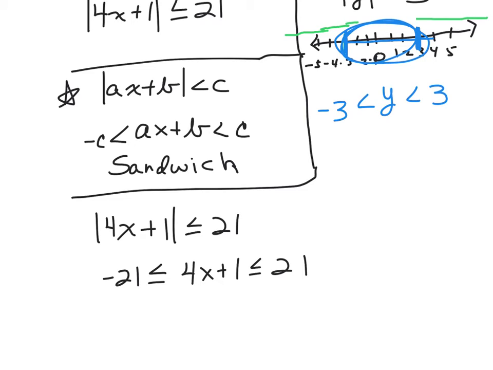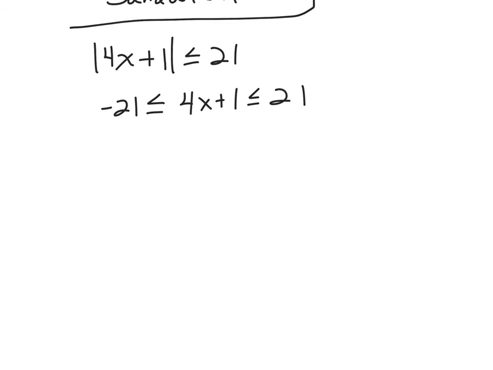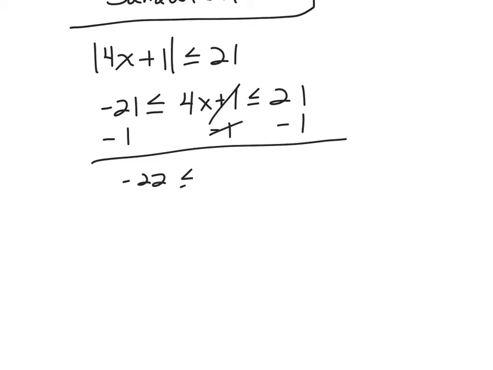Haley and Josh, what's my next move as far as getting the x by itself is concerned? Get rid of the 1. Okay, subtract 1 from all three sides. So if I do that, negative 22 is less than or equal to 4x is less than or equal to 20. Anna, tell me what's next. Divide by 4.